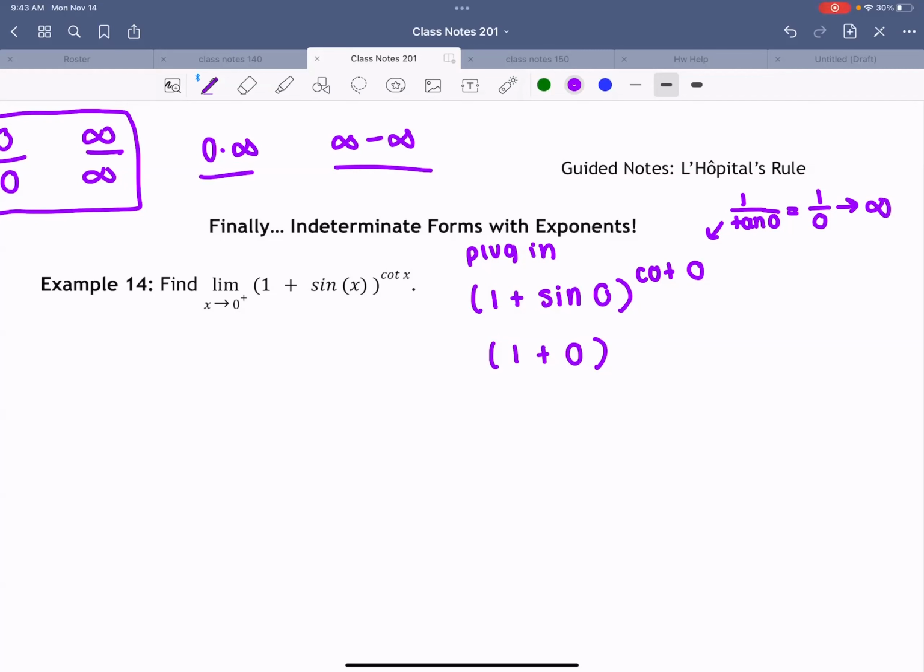So we are doing (1 plus 0) to the infinity. This is 1 to the power of infinity. Now you might be thinking, isn't 1 to the power of infinity 1? The answer is, why don't you take some more math classes and you'll see that it's not. So 1 to the power of infinity is not just 1. You can't say that. This is an example of another indeterminate form.